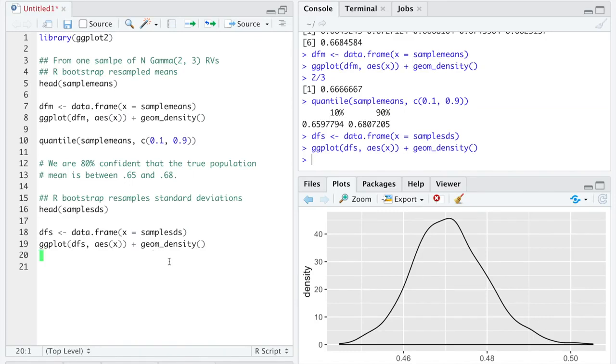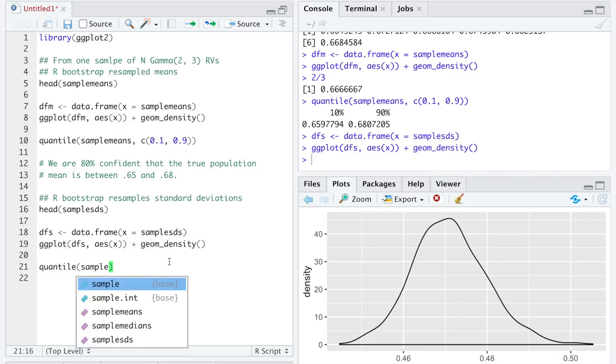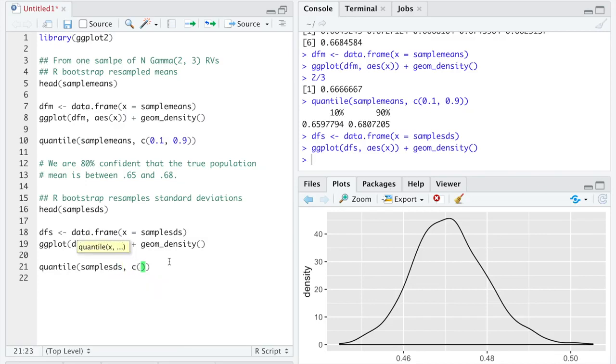And we're going to make a similar sort of interpretation of some confidence interval estimated from the bootstrap resampled standard deviations.